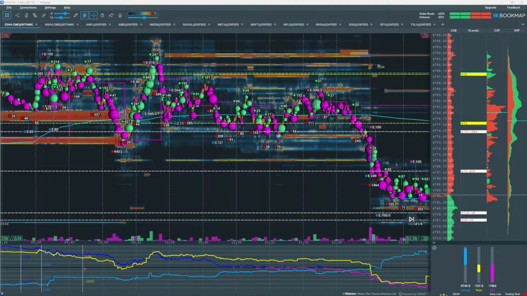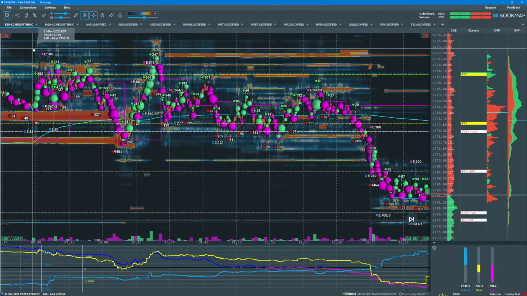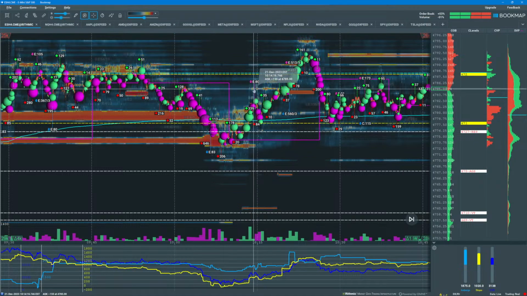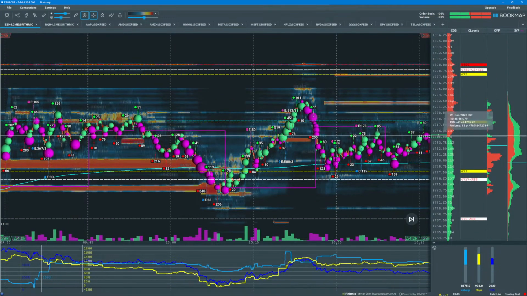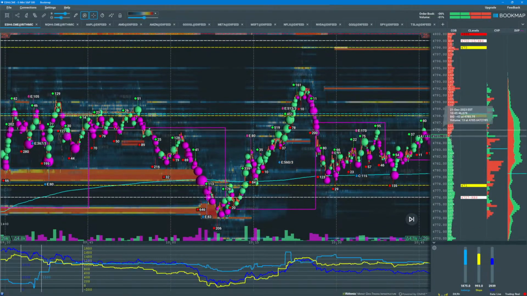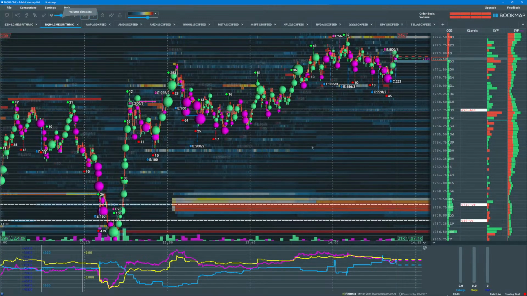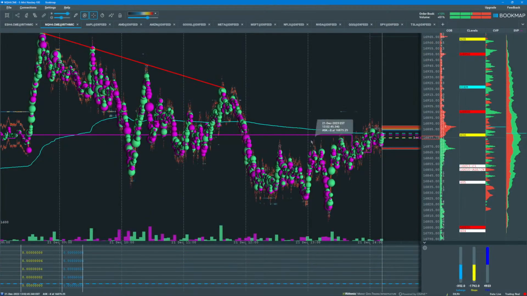I need to actually zoom in a little bit more. And actually, I was wrong. It looks like the best entry for the short was right around 950. Multiple test of the, and I'm looking at the wrong index. No wonder. Sorry about that. Let's go to NASDAQ. All right, that's better.